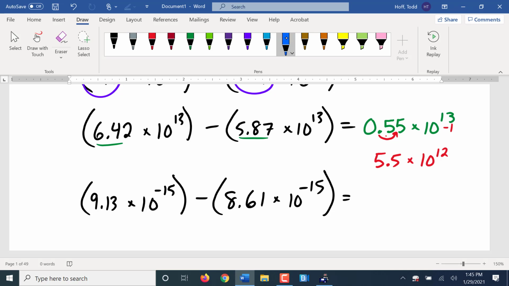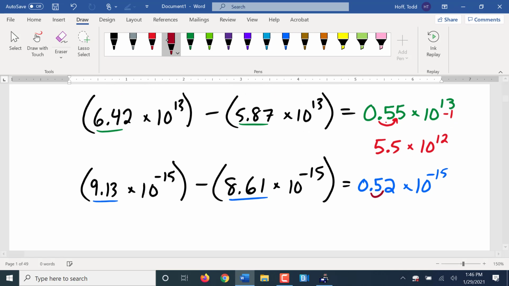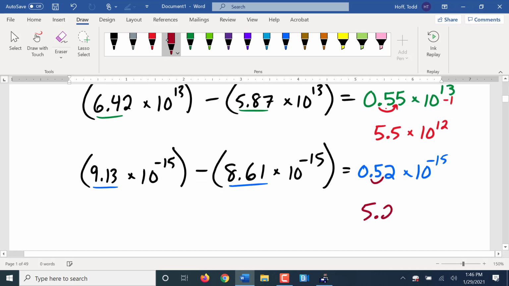We subtract the counts. 9.13 minus 8.61 is 0.52, good, times 10 to the negative 15th. Now again, got to move that over. That's going to be 5.2. Got to subtract 1. Negative 15 minus 1 is negative 16. That's the one people mess up because of that subtracting from a negative.